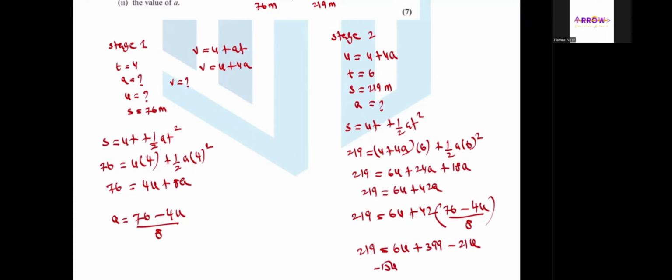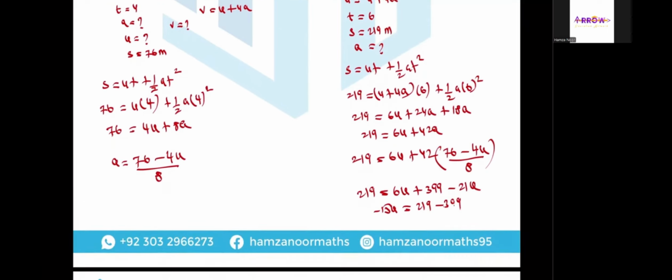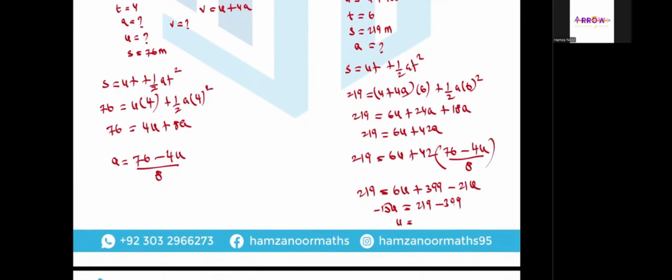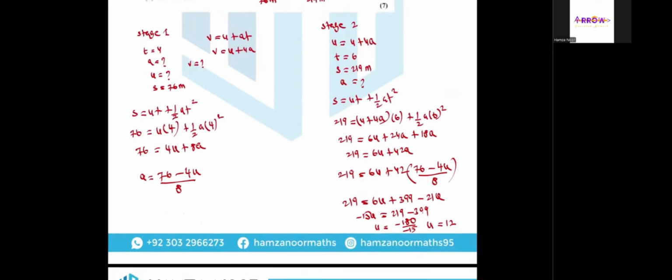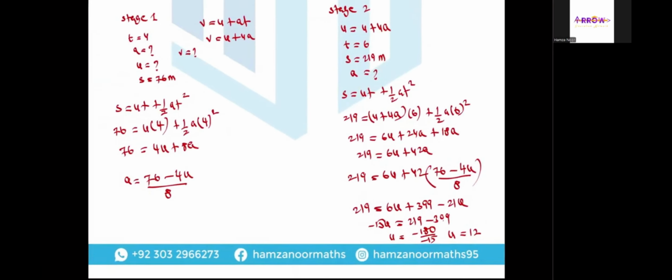So minus 15u is equal to 219 minus 399. Therefore u is equal to (219 minus 399) divided by minus 15. So minus 180 divided by minus 15. The value of u is basically 12. u is equal to 12 meters per second.